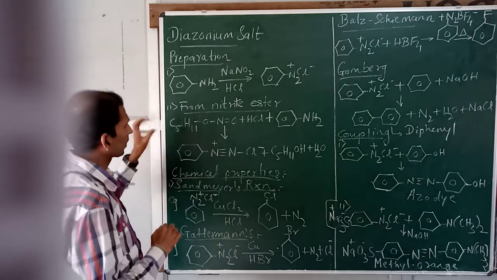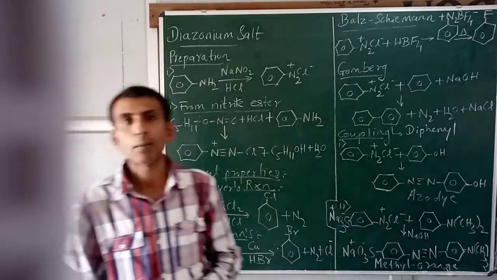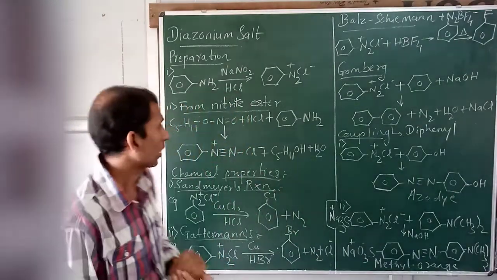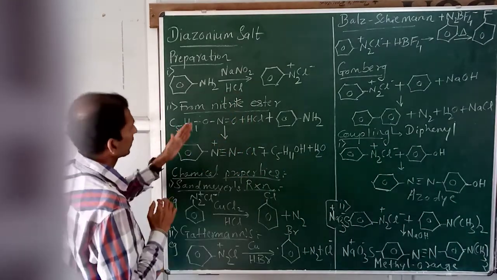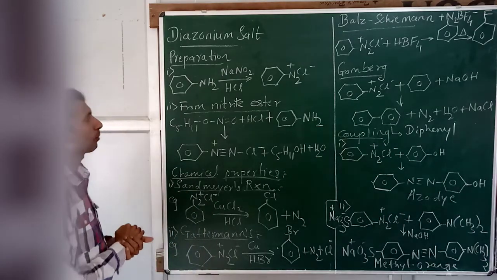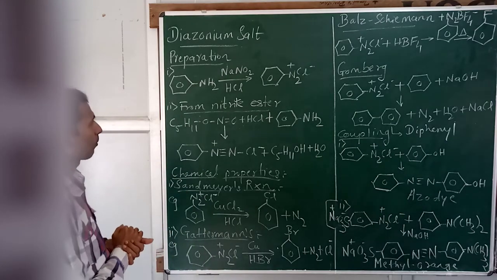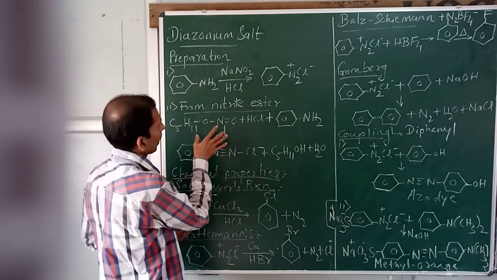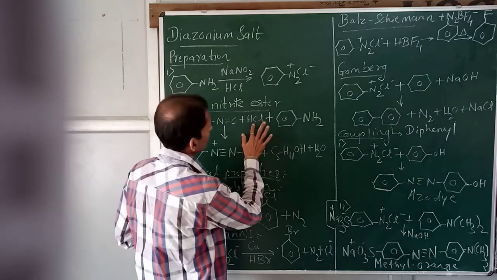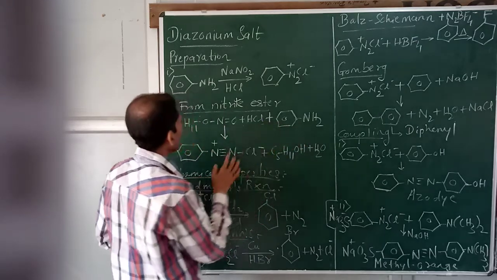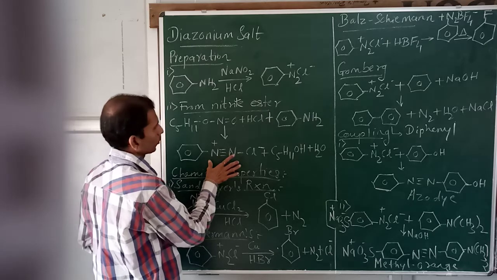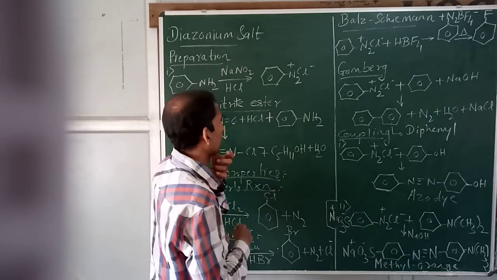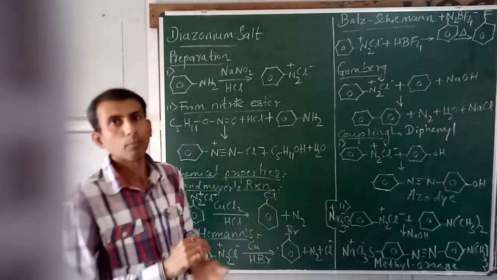The name of this particular compound is amyl nitrite, which is obtained from amyl alcohol. Now this amyl nitrite, in the presence of HCl and aniline, will give us diazonium salt, and amyl alcohol is obtained back with the elimination of a water molecule.